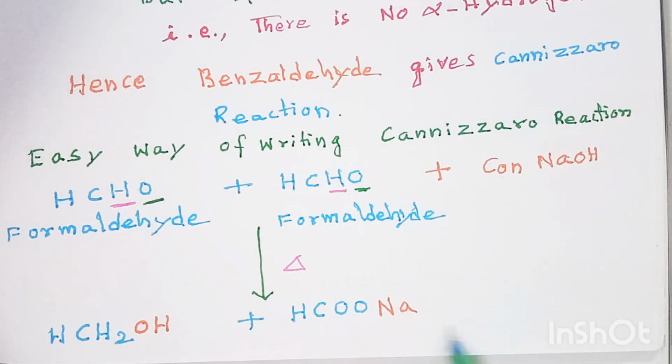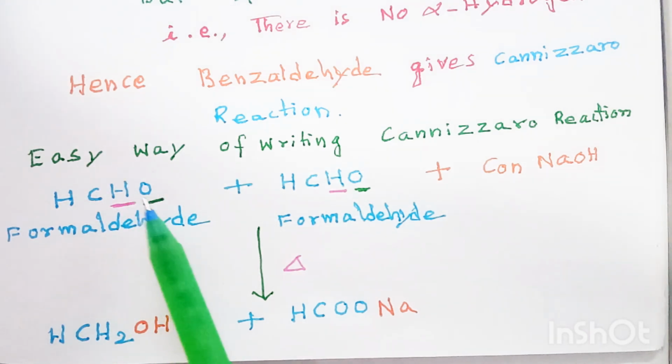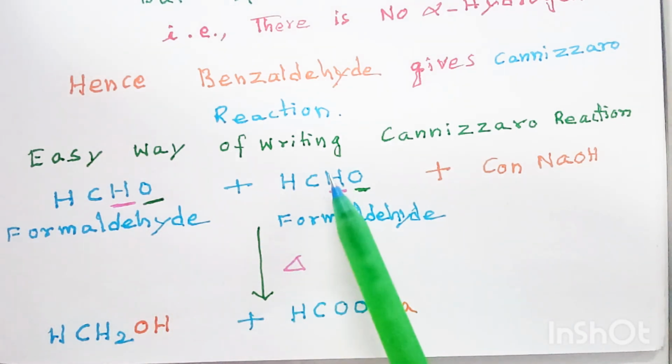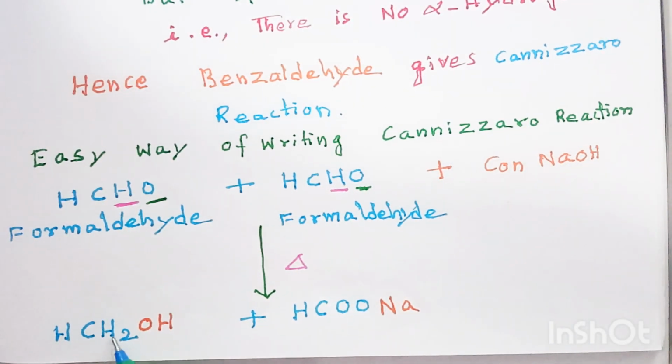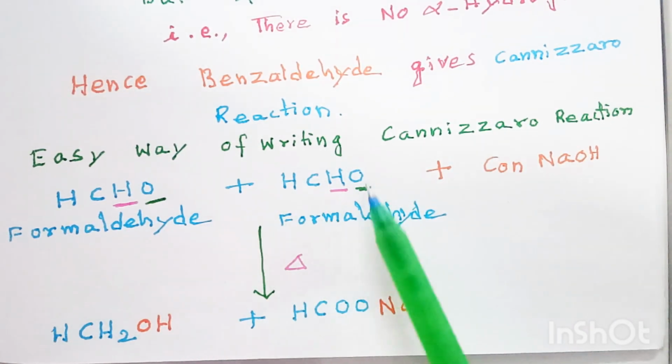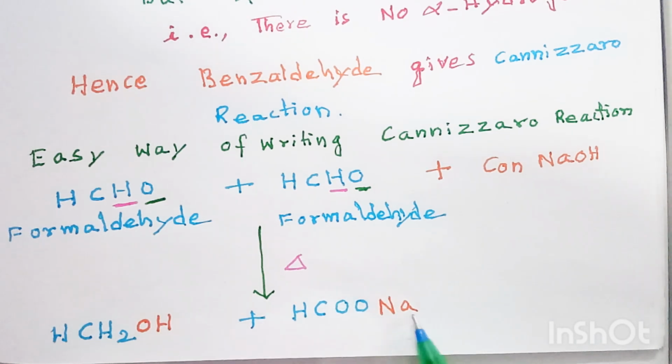This is sodium formate, the oxidative product. So that is the easiest way of writing it. Add both this hydrogen as well as this hydrogen to this alcohol group, HCH2OH. Add both the oxygens here and write Na. This is the oxidative product.